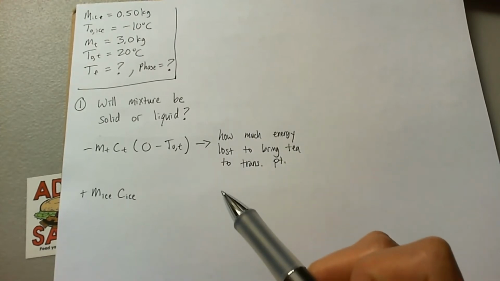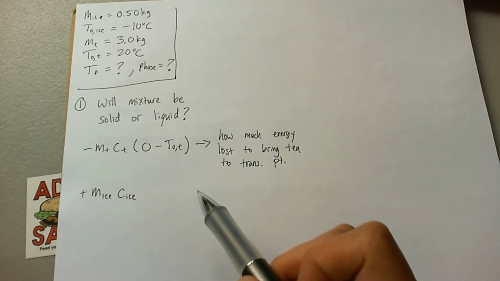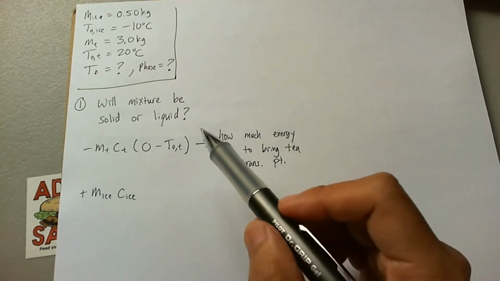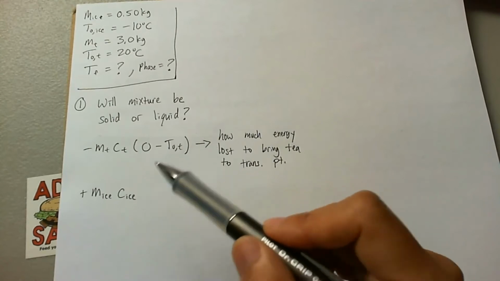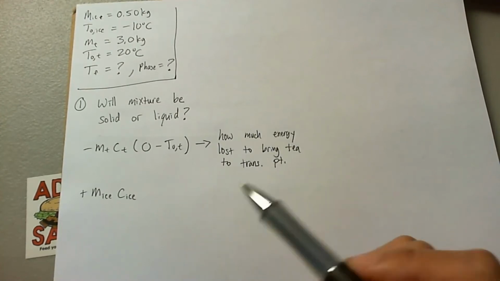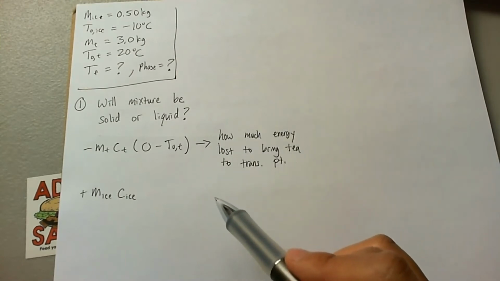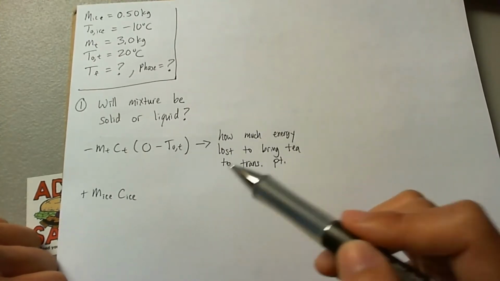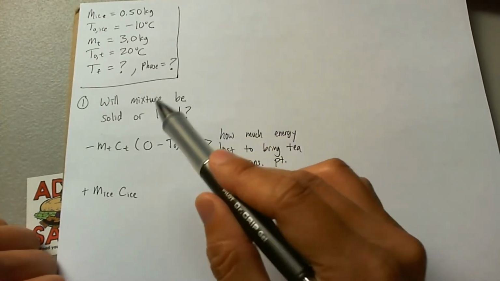But what we're going to do instead is just bring it to the transformation point, and we're going to assume that one of the two is never even going to get there. So all we're going to do is compare the energy it takes or loses to bring one or the other substance to the transformation point without actually transforming. Again, this is with the assumption that they will never get to that point anyways when they mix. Of course, if they do get to the point and they're halfway through the transformation, then that's going to be more of a problem of what percentage is going to be liquid versus solid.